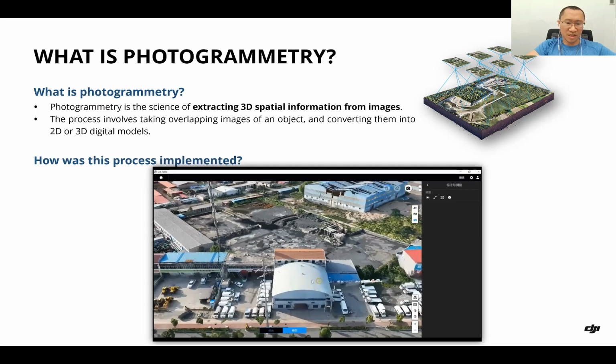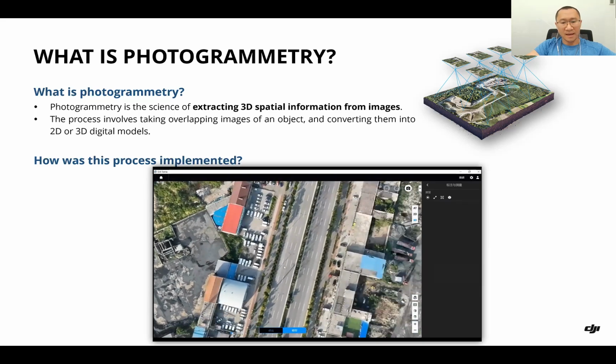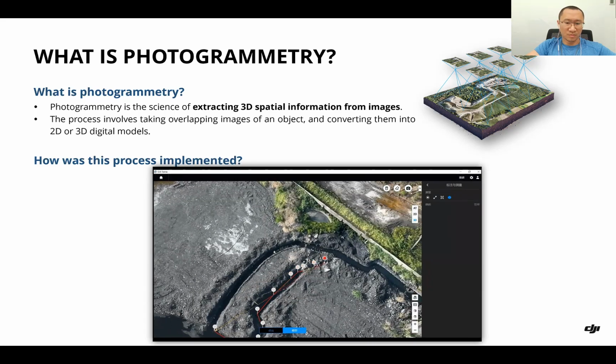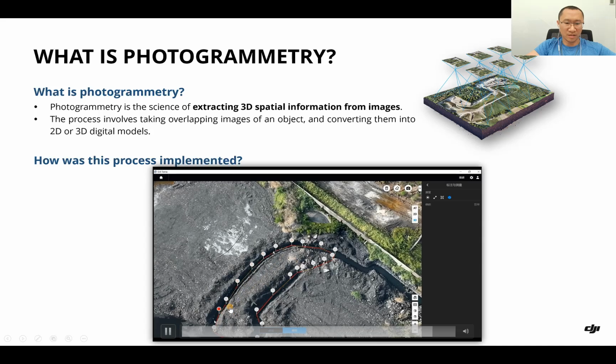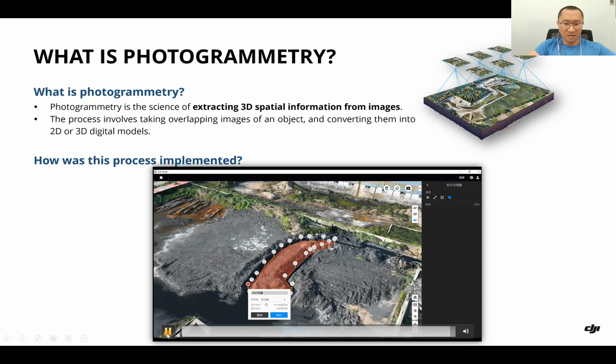And we can also generate a 3D model. The 3D model is more intuitive, and we can even do the volume calculation on it. Like the video has shown, we select a target, and we can measure the volume information. So this is basically the process of photogrammetry.